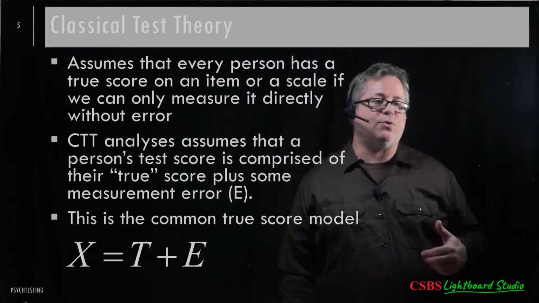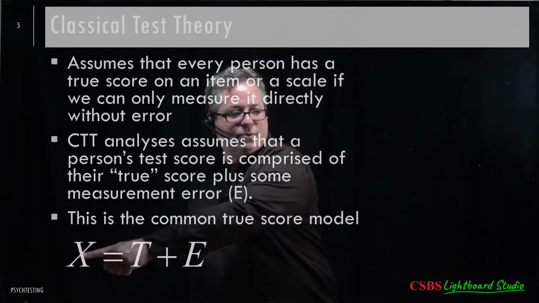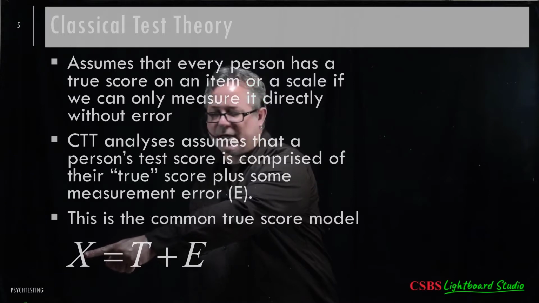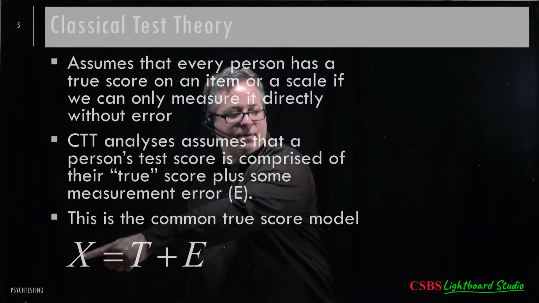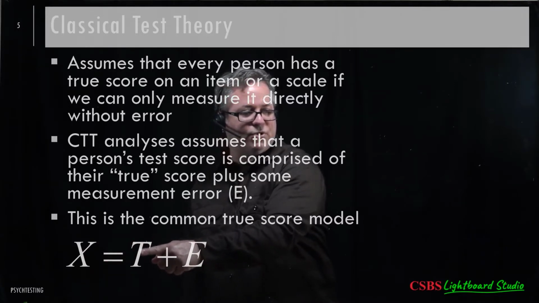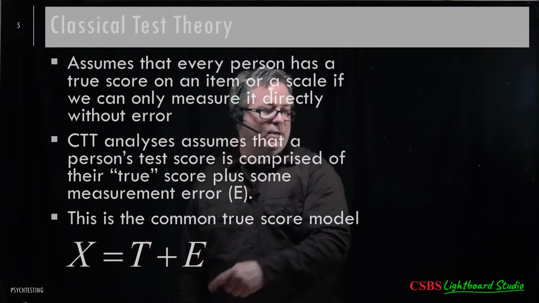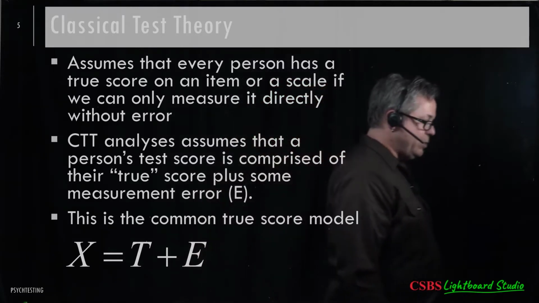The common true score model is a person's score using a measure, whatever measure, scale, tape measure, whatever thing you're using to measure something, you're going to get a number or value for that. That value is going to consist of the true value, the true nature of that thing for that person, plus some measurement error that is inherent with these scales that we use.